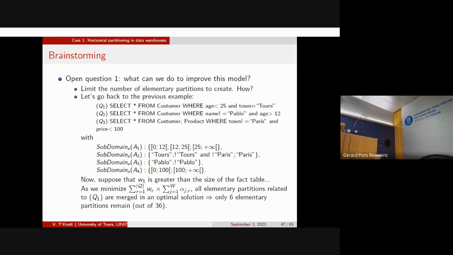So this is correct. Under certain conditions, you can eliminate some elementary partitions. So it opens the door to thinking differently about the problem and trying to find mathematical conditions to reduce the number of elementary partitions.